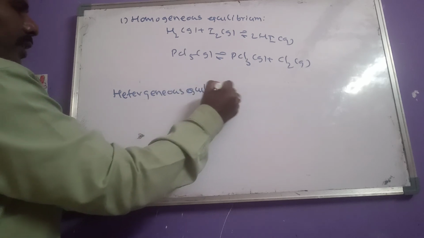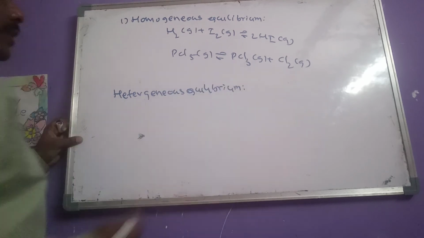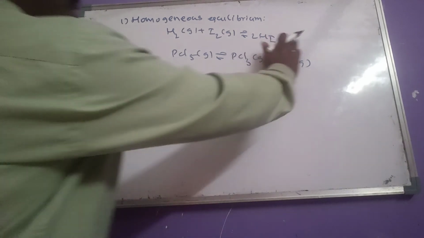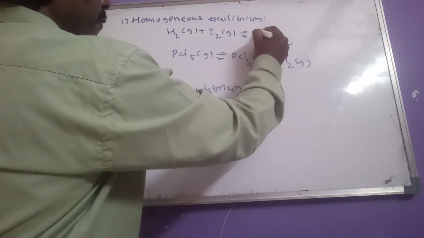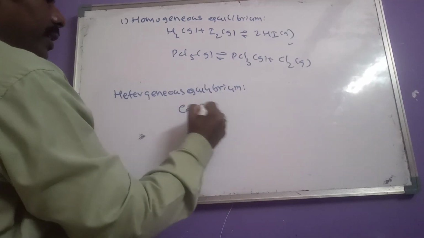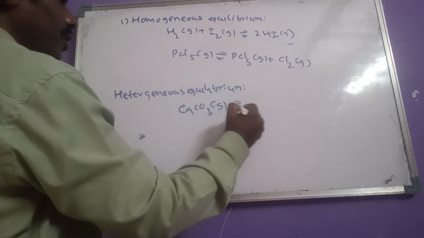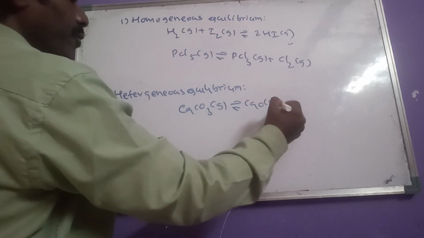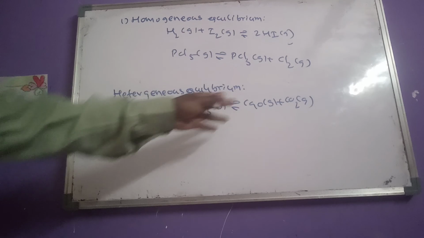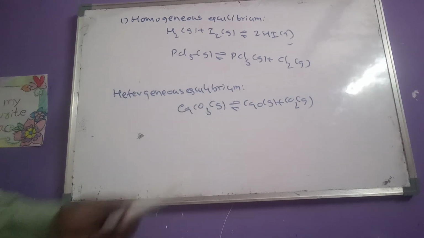And the second one is heterogeneous equilibrium. What is heterogeneous equilibrium? The equilibrium in which reactants and products are present in different physical states. So example here: CaCO3 solid gives CaO solid plus CO2 gas. Here all the reactants and products are not present in the same physical state.